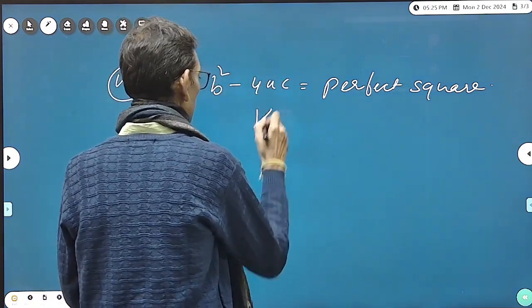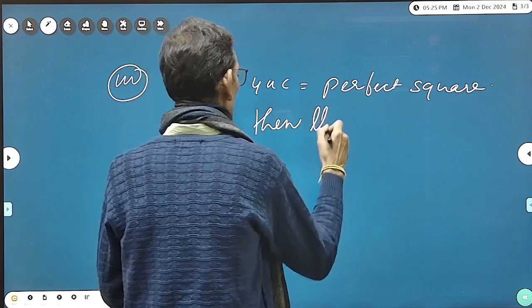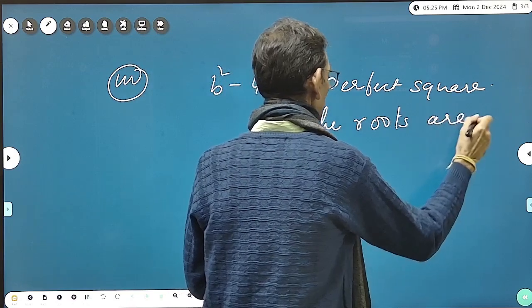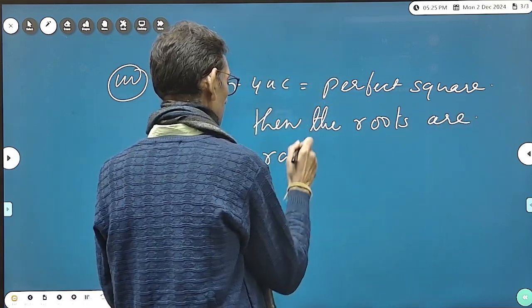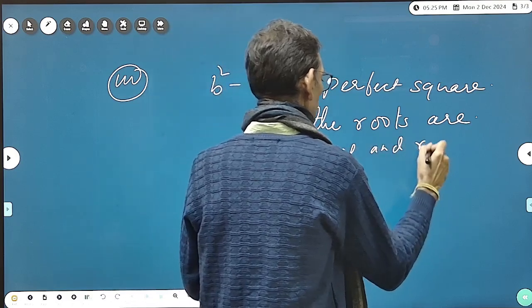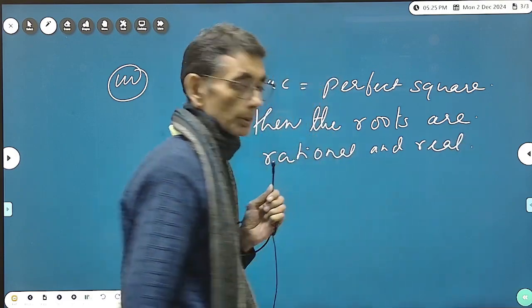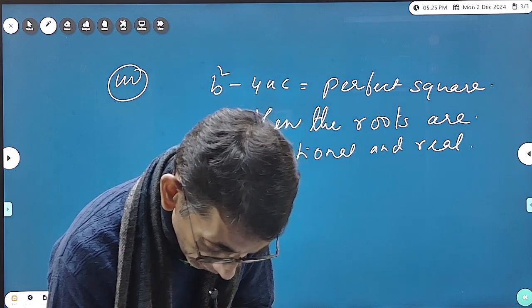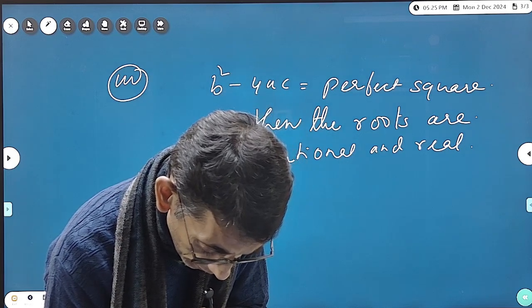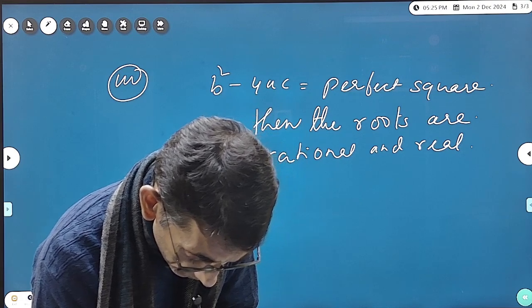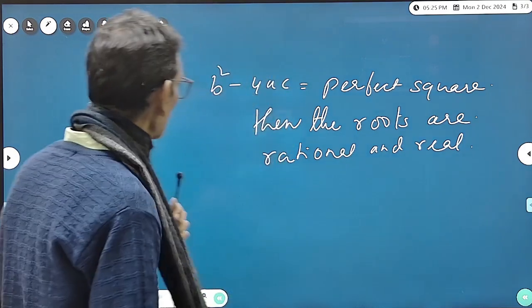Rational means they can be written in p by q fraction form. Then the roots are rational, real and unequal.